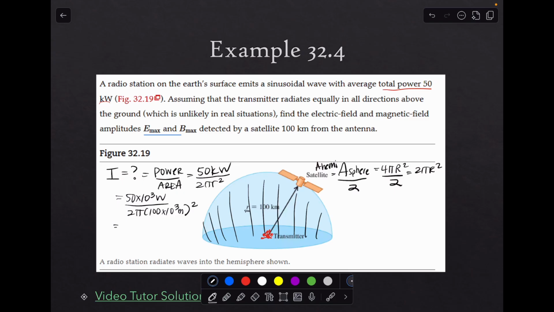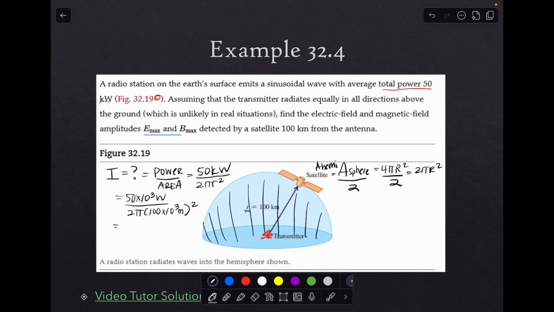Let's calculate that. Times 100 times 10 to the 3, squared. Oh, and parentheses.